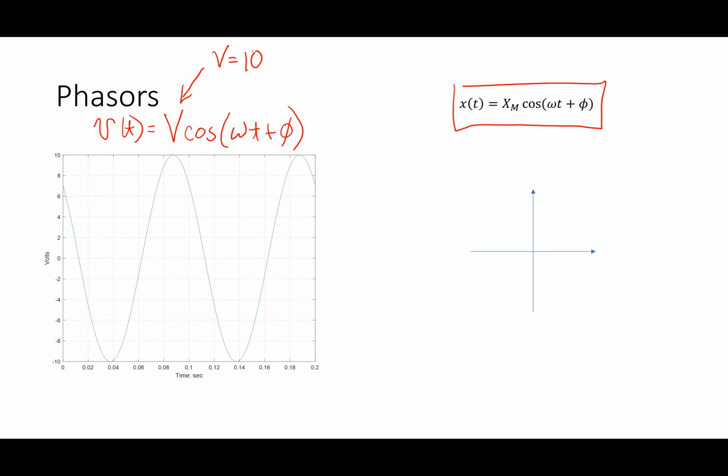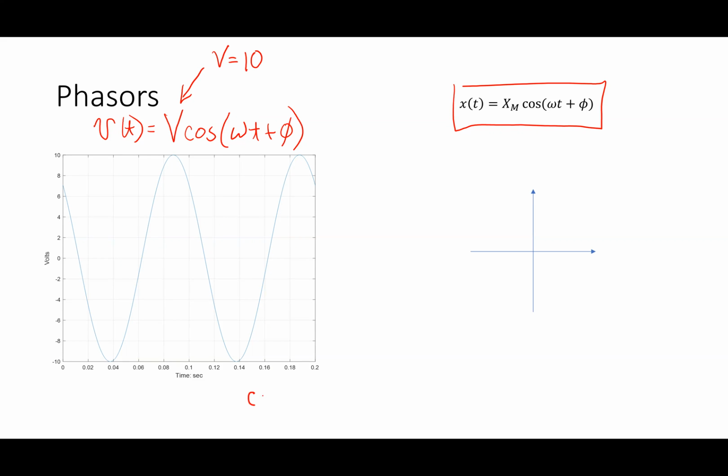Now, if you go into the lab, if you ever actually do that, you'll find the function generator might tell you the peak-to-peak value. But the number written in front here is the peak value. So 10. Why is it always the peak value of V? Well, because it's a definition.